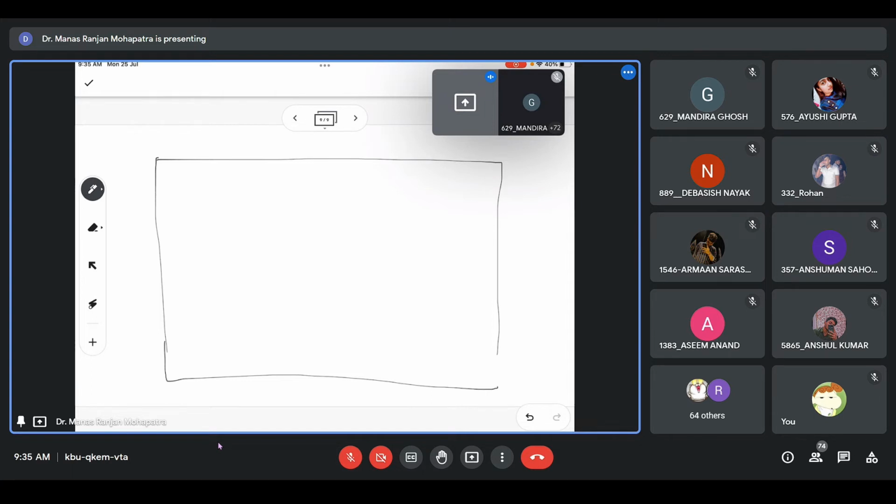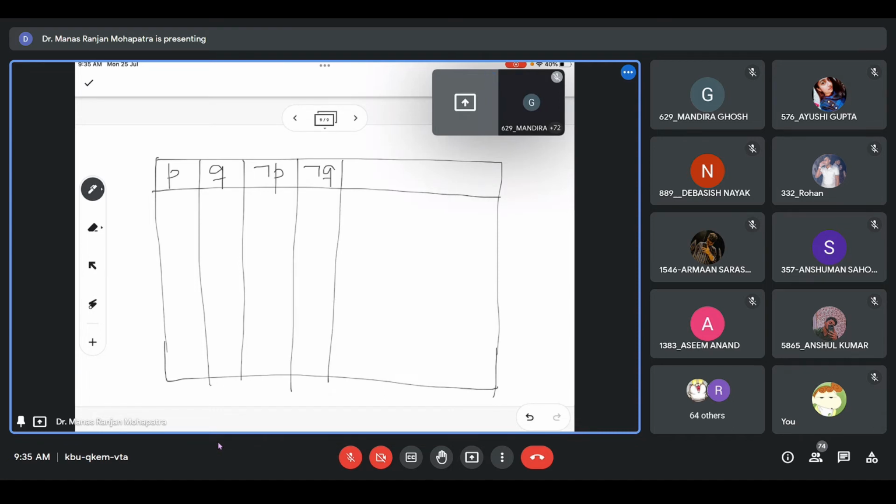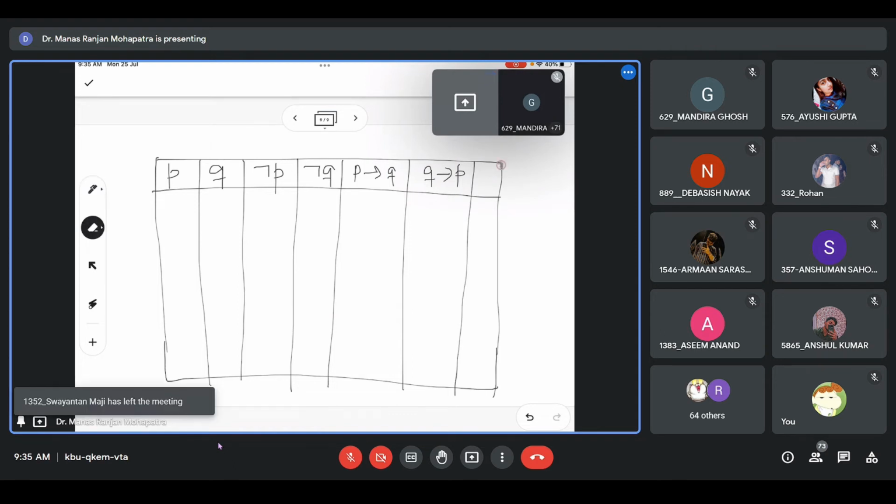I'm writing the statements P, then Q, negation of P, negation of Q, then P implies Q. This one is a converse, Q implies P. Okay, then I need to make a bit less.